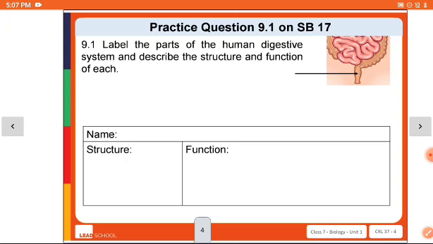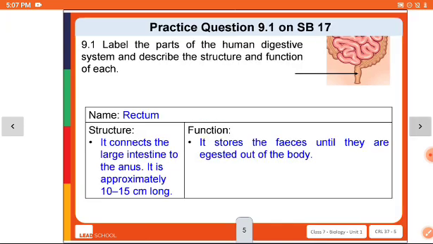Next one is the rectum. It connects the large intestine to the anus. It is approximately 10 to 15 centimeters. The function: it stores the feces until they are egested out of the body.